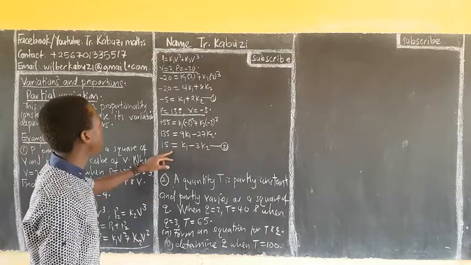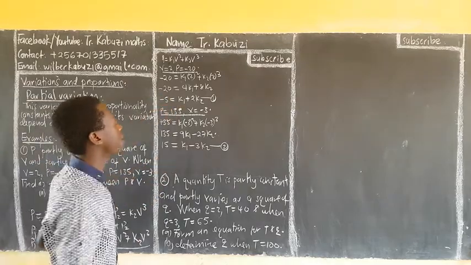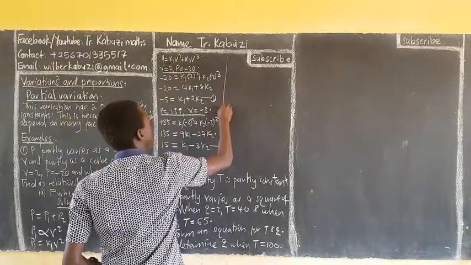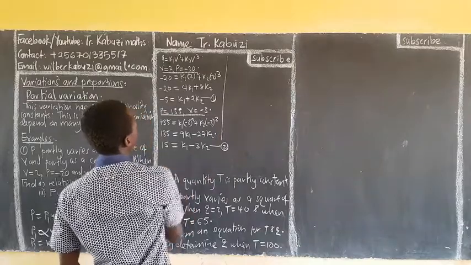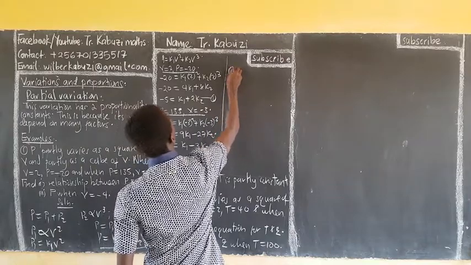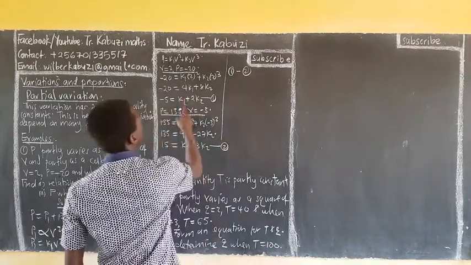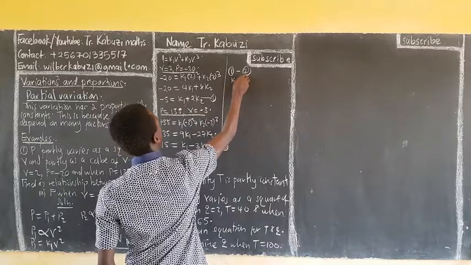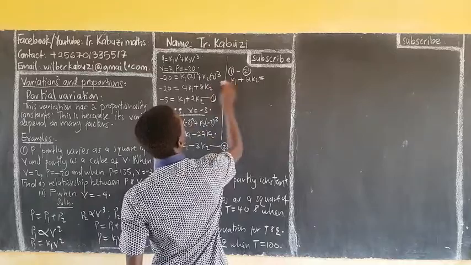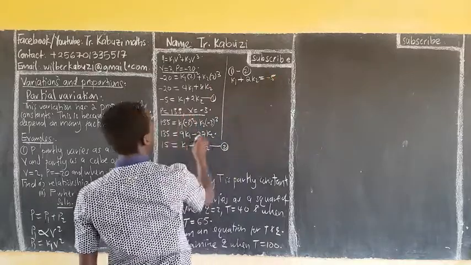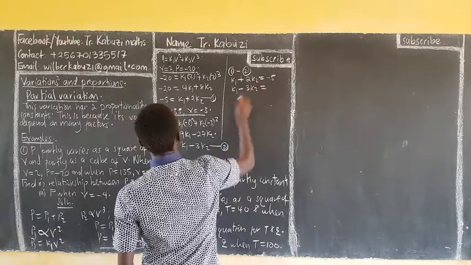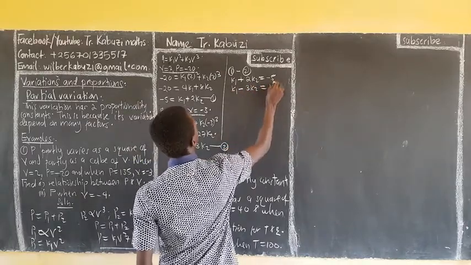So I'm going to say equation 1 minus equation 2. My equation 1 is K1 plus 2 K2 equaling negative 5. Then this one is K1 minus 3 K2 equaling 15.